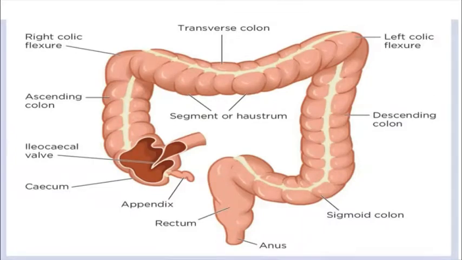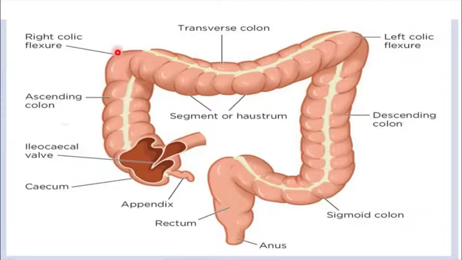Let's move on to the large intestine, which is much larger in diameter compared to the small intestine. It starts from the ileocecal valve and ends at the anus. In overall view, the function of the large intestine is to dry out the undigested residue by absorbing water, and it eliminates the undigested food in the form of feces.